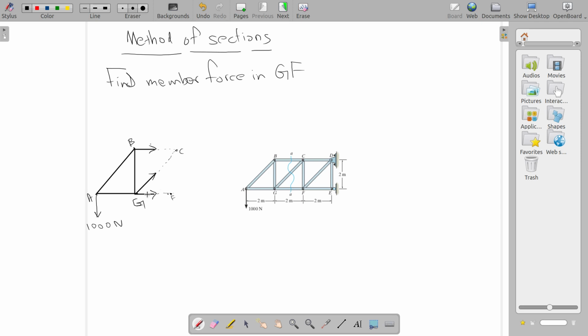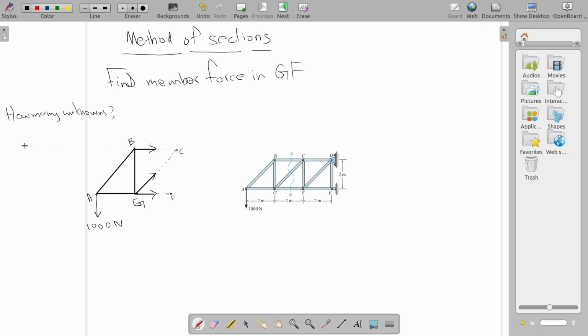Now I told you that using this technique we can calculate the member force in GF in one step. How do we do that? How many unknowns do we have here?